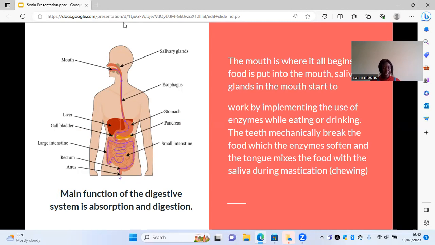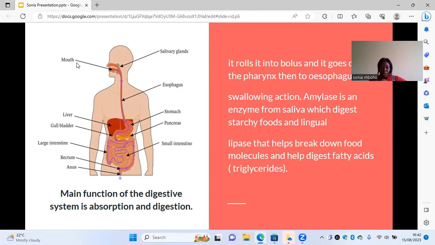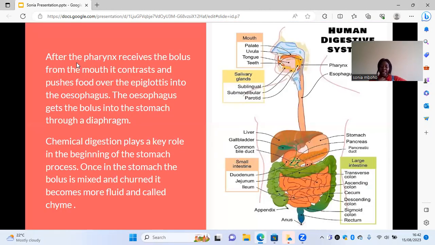Here at the mouth, that's where everything starts. Mechanically, digestion starts there. If we put food in the mouth, the salivary glands, which are sublingual, release an enzyme called amylase, which digests starchy foods, most of the starchy foods being the carbohydrate foods, and the lingual lipase helps break down food molecules and digest fatty acids.